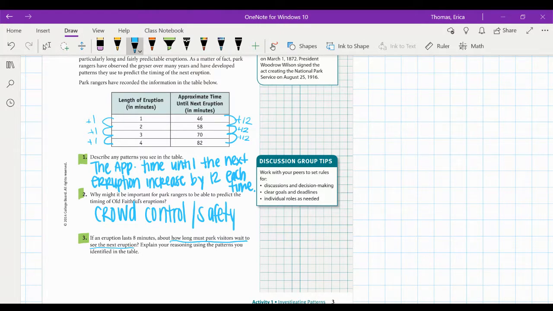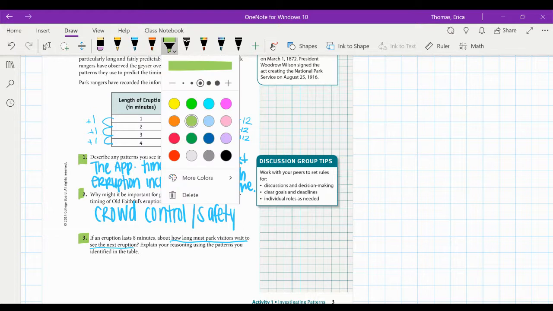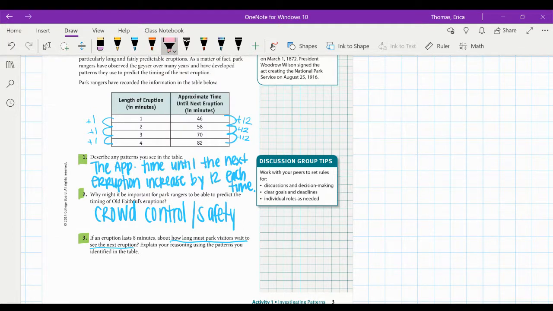Well, if I go back to the table, I see that the length of eruptions stop at 4. But my question asks me about an eruption that lasts for 8 minutes. So that means I need to continue the table. So I'm going to go over here to the side. Since my table stopped at 4, I'm going to pick up at 5 and continue to 8.